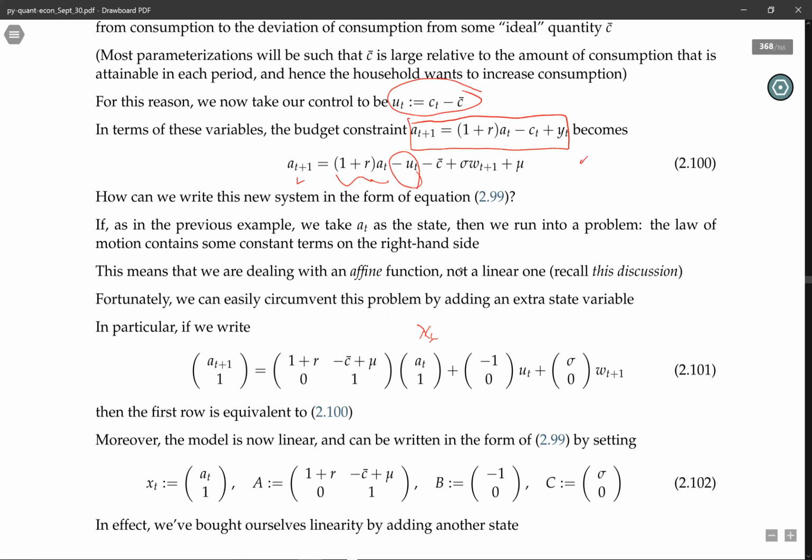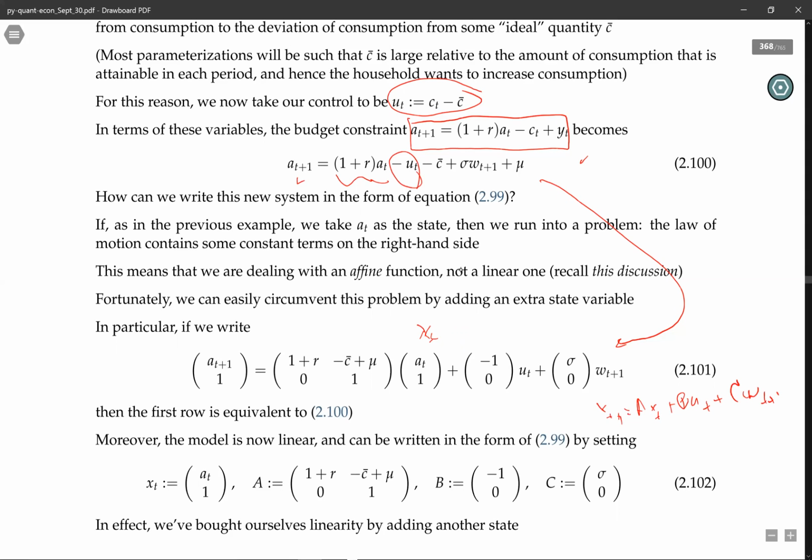And then that first equation gets translated into that. And if you'll notice, this is exactly the form that I need. What do I need? x_{t+1} is equal to A x_t plus B u_t plus C w_{t+1}. That fits like a glove.